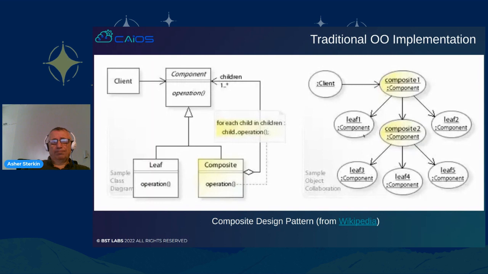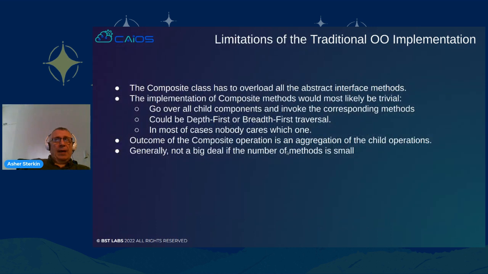And here is the object structure of that implementation. It has some limitations. I need to overload, or override, depending on which language you're coming from, all methods in the abstract interface.